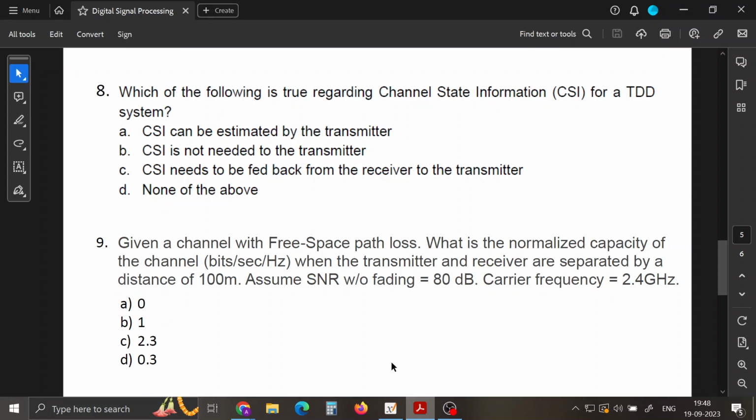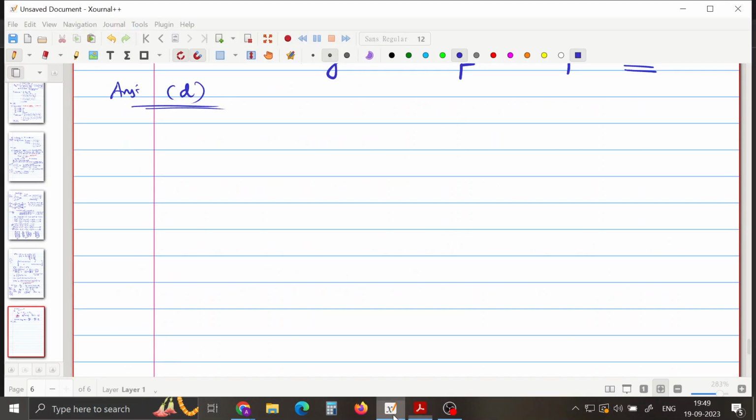These back to back two questions were directly from the lectures. These were purely conceptual questions. So the answer was option A, that the CSI is actually estimated by the transmitter itself.